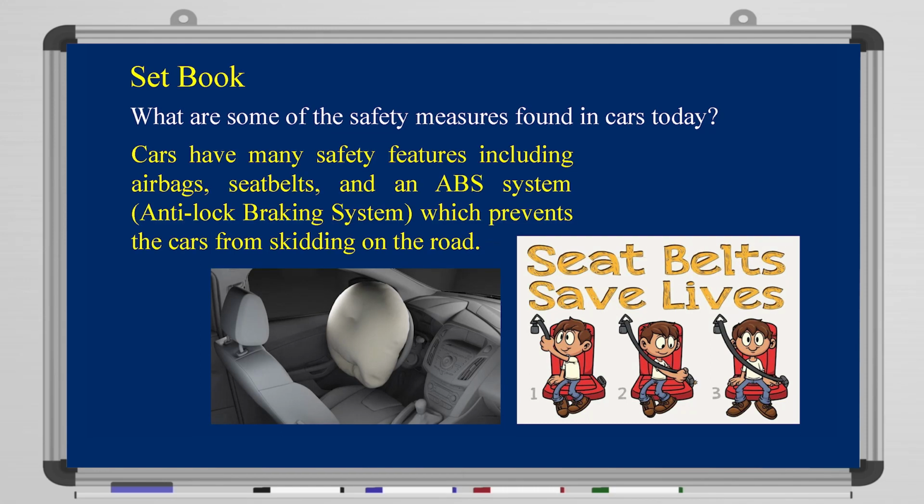So, cars have many safety features including airbags, seat belts, and an ABS system, the anti-lock braking system, which prevents the car from skidding on the road. Also, some of them have sensors and cameras as well, to help us avoid these car accidents and give us a chance to be safe.